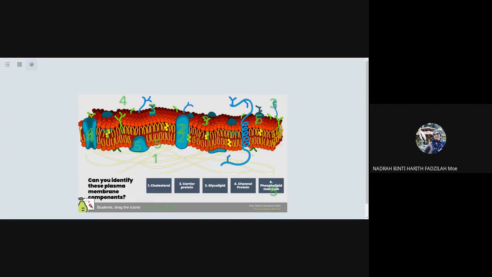Previously in our chapter 3 class, we tried to draw and label the structure of the plasma membrane and had a bit of introduction about the permeability of the plasma membrane. So we will revisit some of it today and start discussing the different types of transport that occur in the plasma membrane.